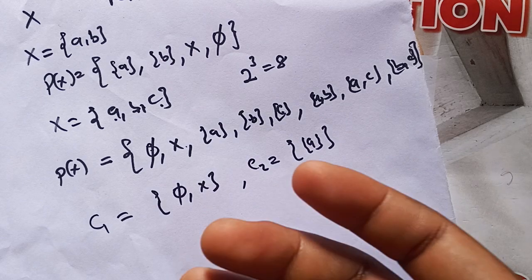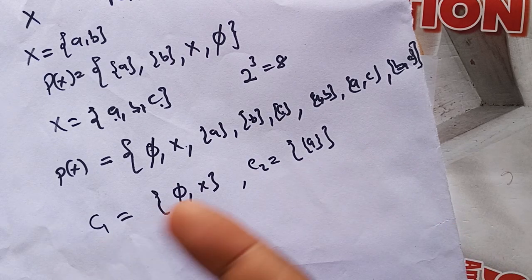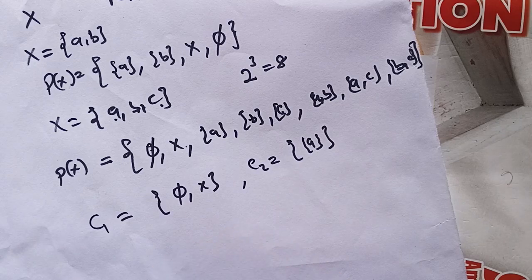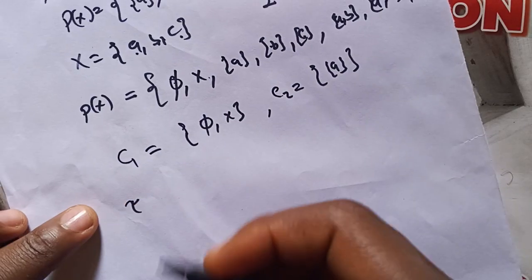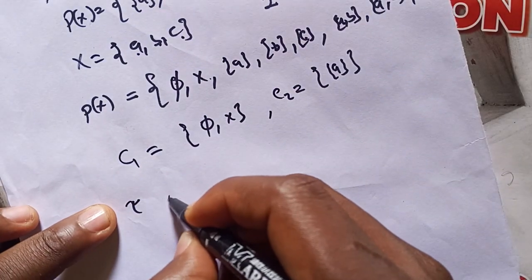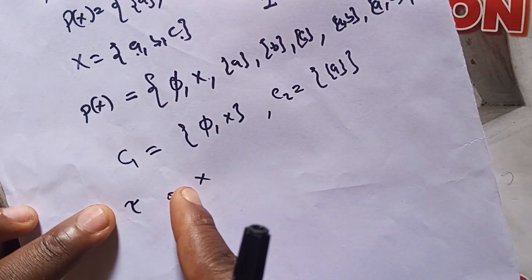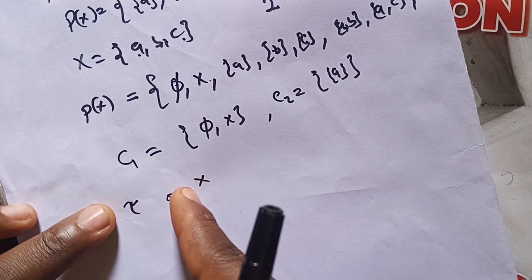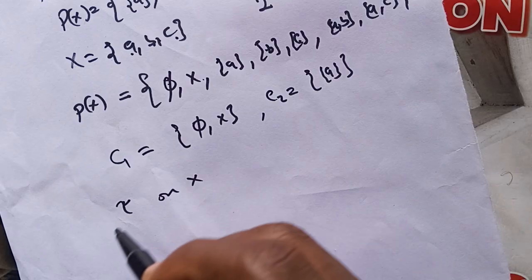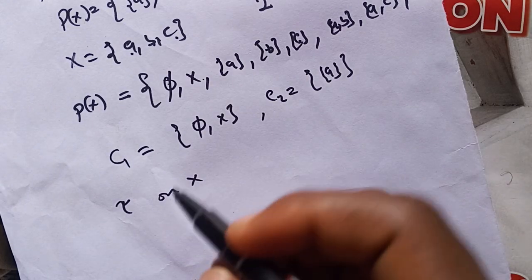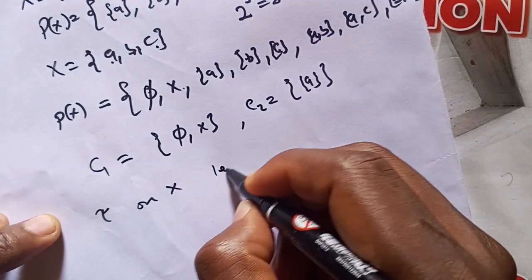So we move over to topology. The reason why I introduced this is because topology is actually a class. Now, tau is said to be a topology on X if it satisfies the following axioms. First of all, let me give a formal definition.